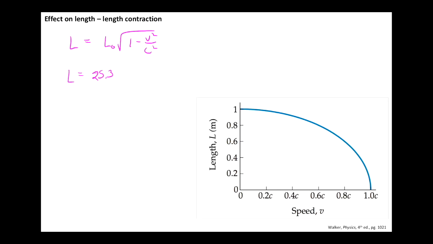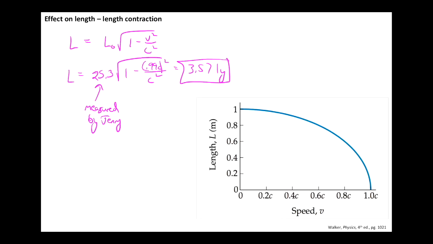Rather, it's Jenny. So this is measured by Jenny. And we can multiply that by the square root of 1 minus v squared over c squared. And what were those numbers again? 0.99c squared over c squared. And you'll get 3.57 light years.